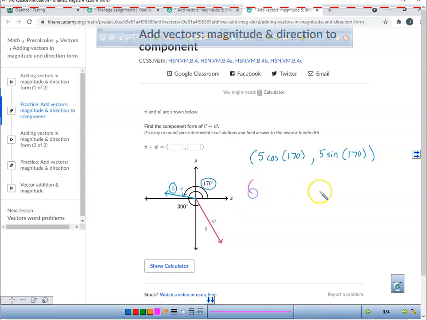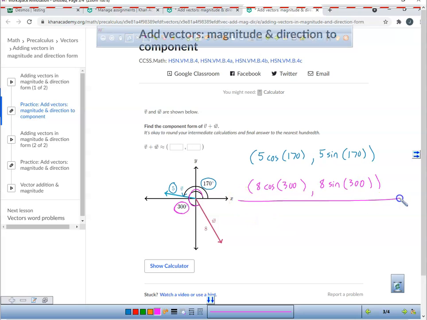For the magenta, or W, vector W, our magnitude is 8. I'm going to put cosine, I'm going to put sine. And what's my theta for W? How far does it go? All the way around to what? 300. So I put 300.